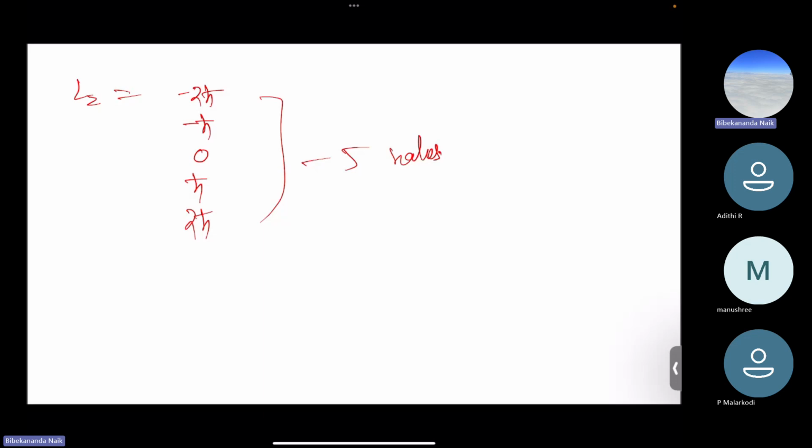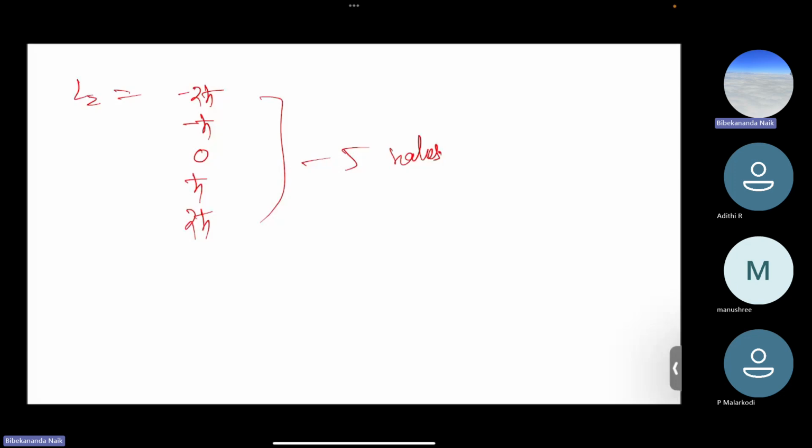Here there are 5 orientations. Since orientation is quantized, the angular momentum can't make arbitrary angles with the magnetic field. It can be oriented only at particular angles, so there are 5 angles corresponding to 5 values of ml.